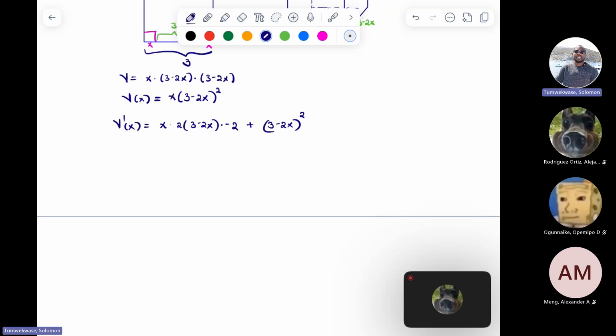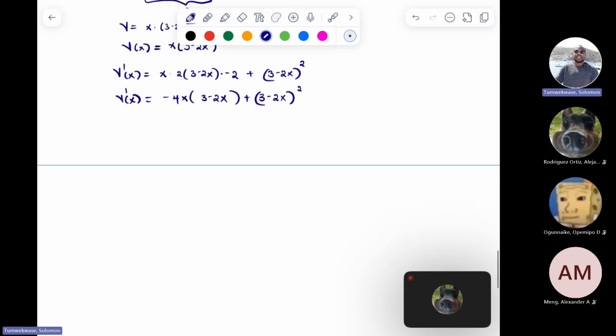Okay, if we try to simplify this, what happens? 2 times negative 2 is negative 4x into 3 minus 2x, then plus 3 minus 2x, the whole of it squared, and that is my derivative there.